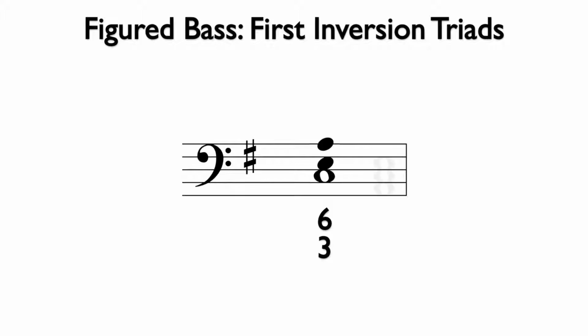We find that A, C, E gives us all thirds, and is therefore the root position spelling for this chord. A, C, E spells the A minor triad, so this is A minor in first inversion.